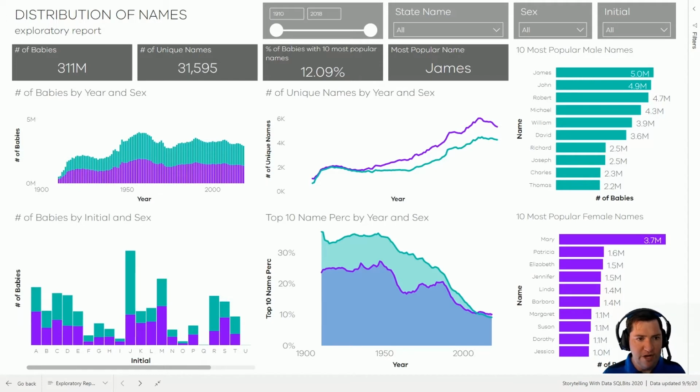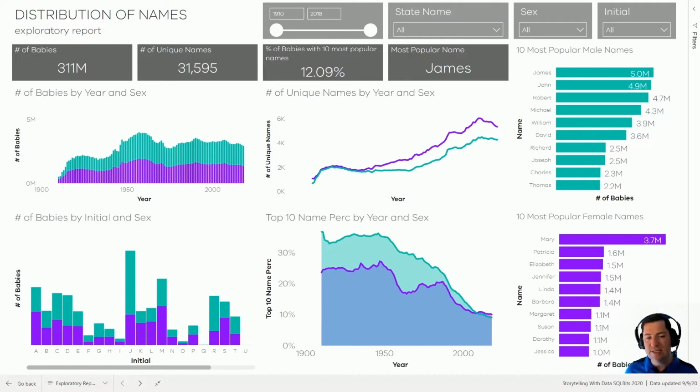So it's a fairly boring data set, but there's a lot we can do with it, because it's a very big data set. We've got almost 100 years worth of data, and we have about 311 million babies born in that period. So there are bound to be some interesting things that we can find.